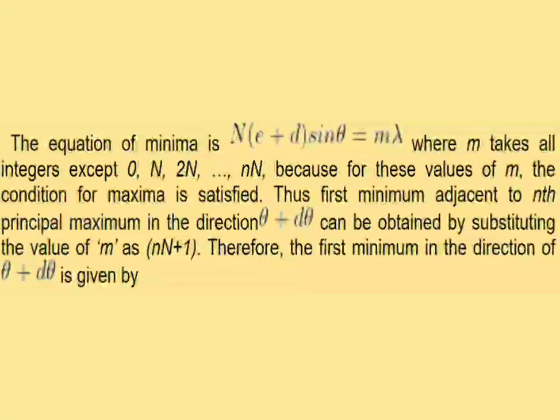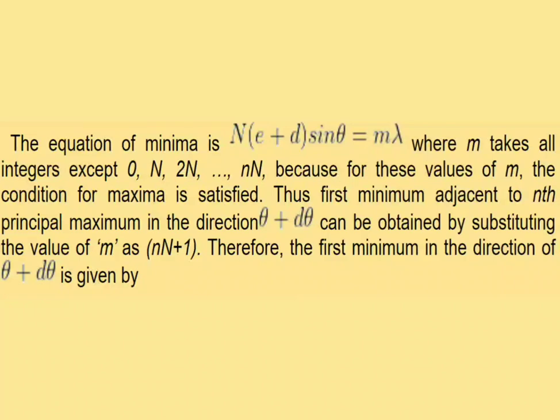The minimum equation condition in Fraunhofer diffraction due to N slits is N into e plus d sin theta equals m lambda.